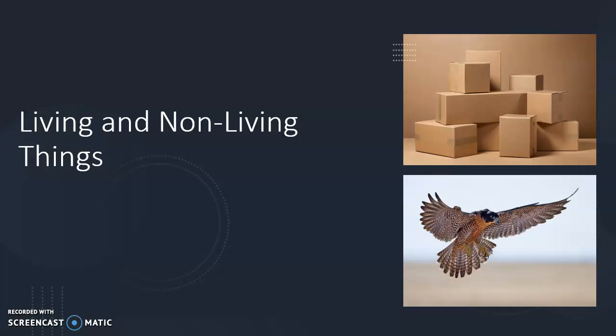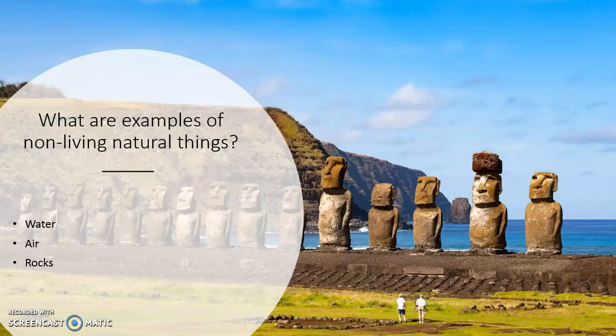So we do know that there's a difference between living things and non-living things, and biologists have a list of properties which allow us to determine, is this living, is this not? Examples of non-living things include water, air, and rocks. So elements of the environment may not be living, however, they may affect living things.